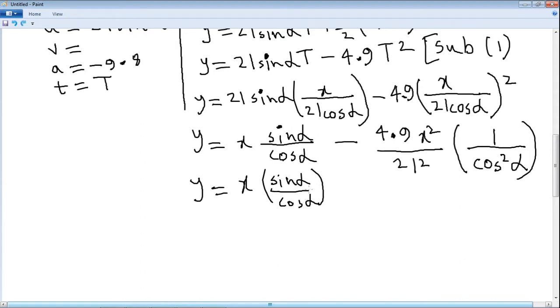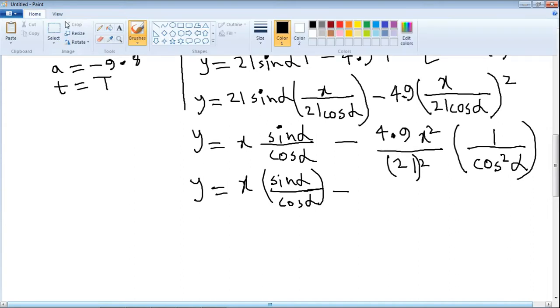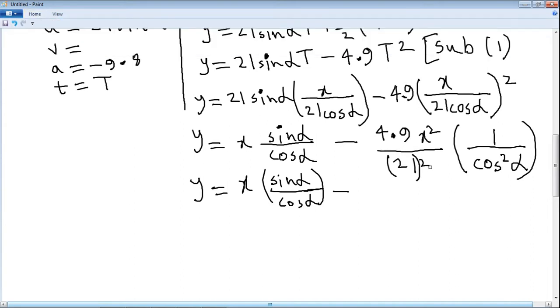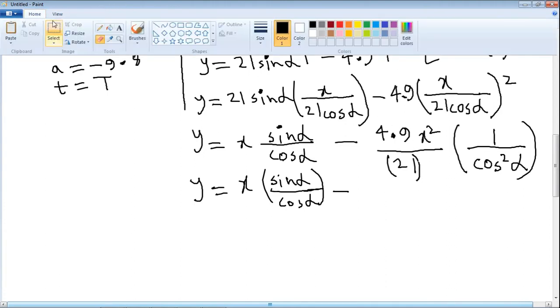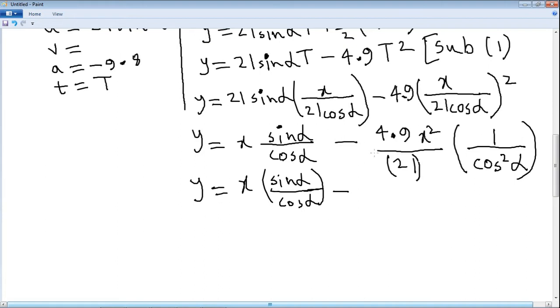sorry, this is not minus, okay, minus this whole thing. If we simplify this, this is not 1 to 1, this is 21 whole square. Don't get it wrong, this is 21 whole square. Let me correct this up. My handwriting is really bad, really sorry for that.